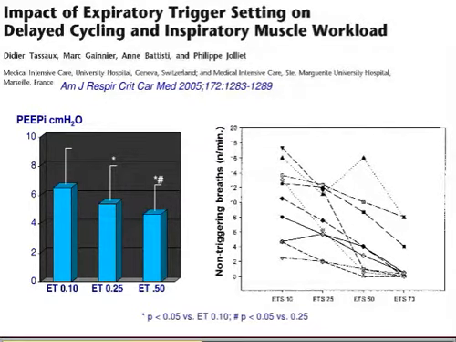So when one witnesses delayed cycling, and this is usually clinically manifest when you see a patient contracting abdominal muscles while the ventilator is still in its pressurization phase, then you should try to manipulate the expiratory trigger by raising the level and seeing if that at least solves part of the problem.